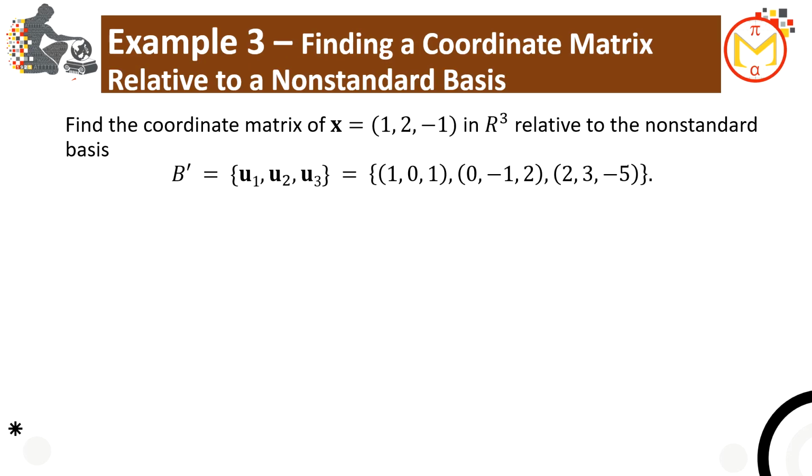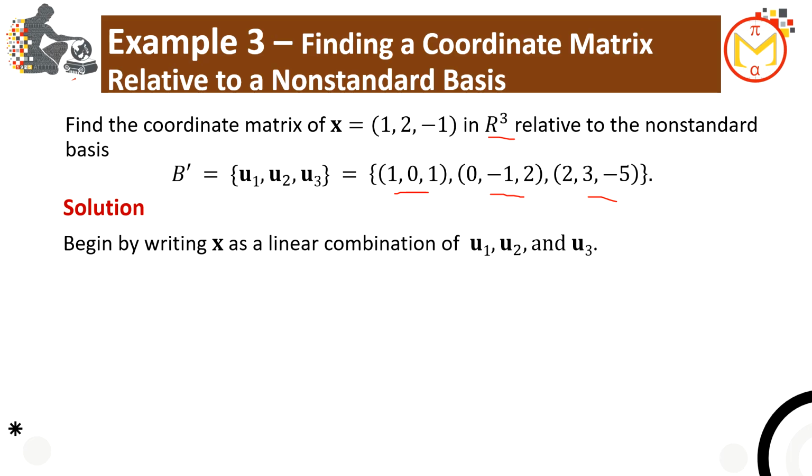All right, another example. Find the coordinate matrix of x = (1, 2, -1) in R3 relative to the non-standard basis. Again, this is our non-standard basis. Let's name that as B prime. Begin by writing x as a linear combination of the basis vectors.